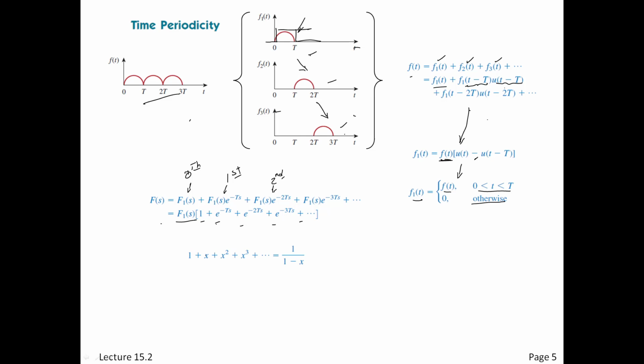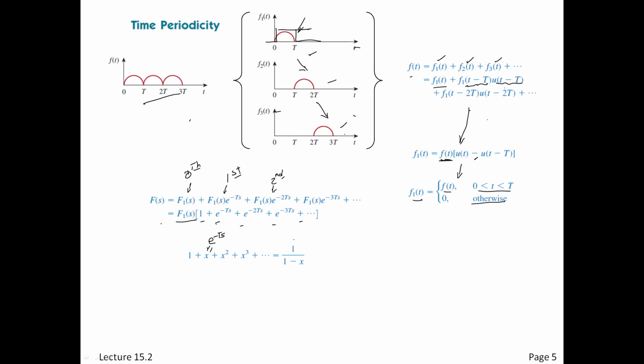So here it is. x is equal to, quite obviously, e to the minus Ts. And remember, x squared doesn't give you T squared s squared. It gives you 2Ts, right? So on and on it goes.